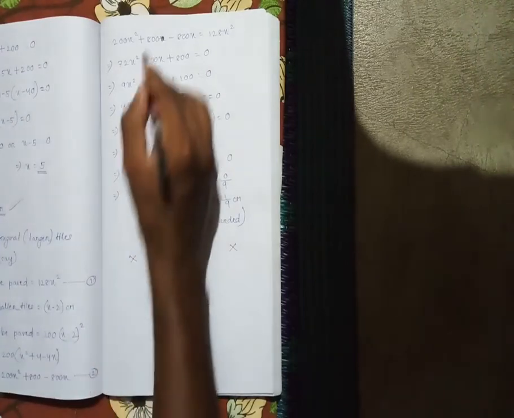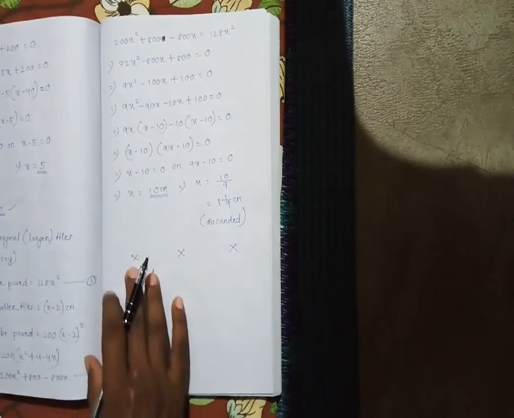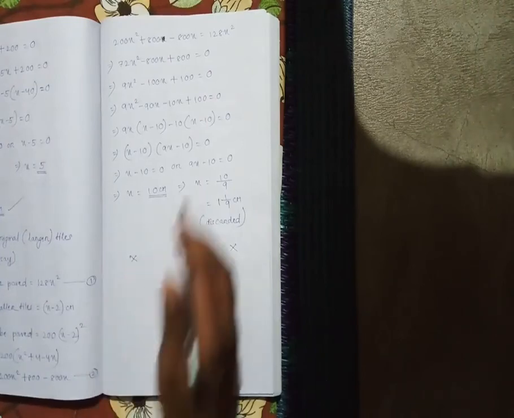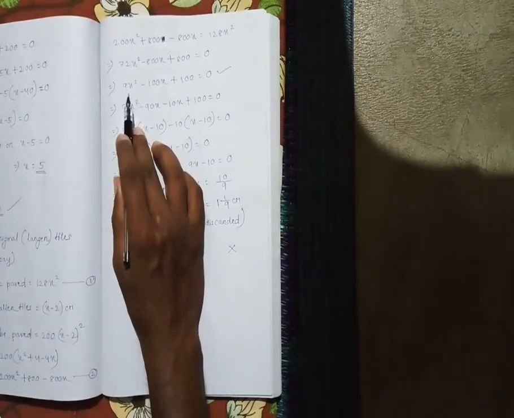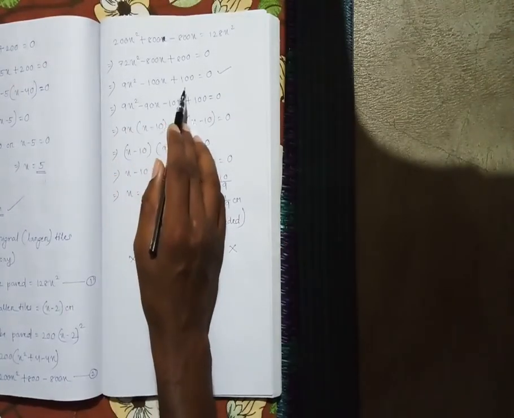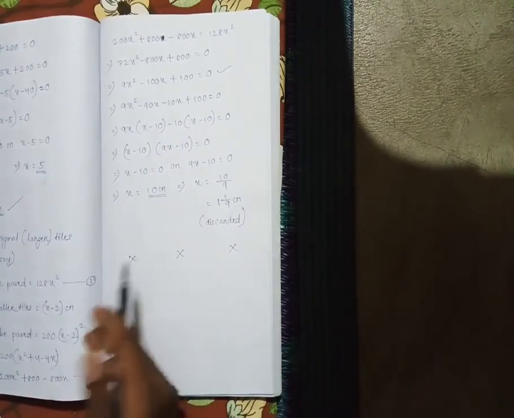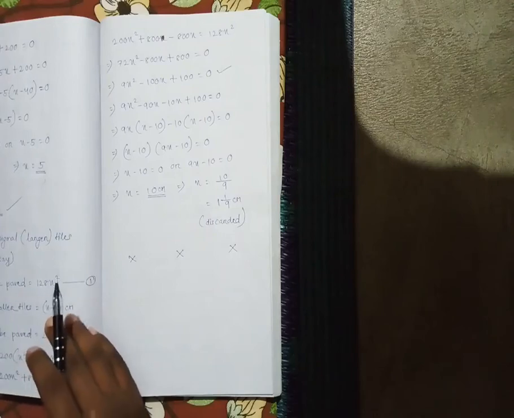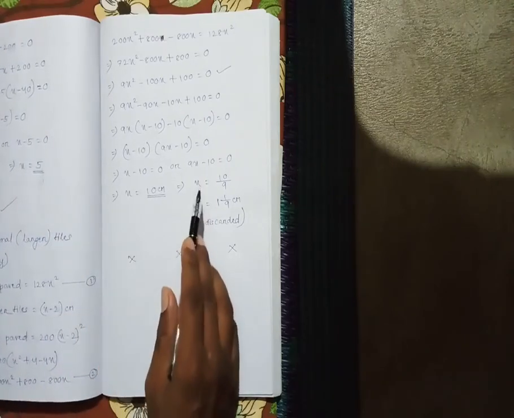Okay, area is same. Then on simplifying, we get a quadratic equation in standard form and in simplified form, that is 9x square minus 100x plus 100 is equal to 0. Then on solving this using any of the two methods, either by formula or by factorizing, we get x is equal to 10 cm or x is equal to 10 by 9.